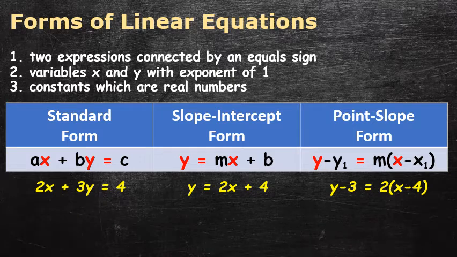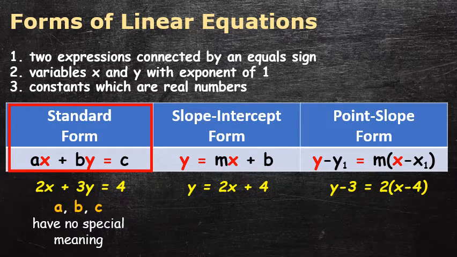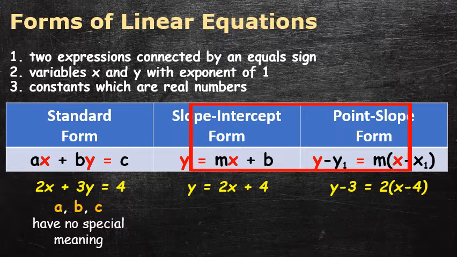Pag meaning naman ng constant values sa linear equation ang pinag-uusapan, sa standard form, ang a, b, and c, walang special meaning yon. Sa slope form, slope-intercept at point-slope form, ang mga constants represent properties of the line.